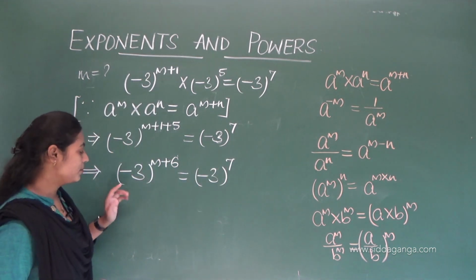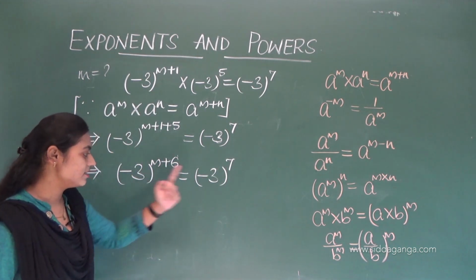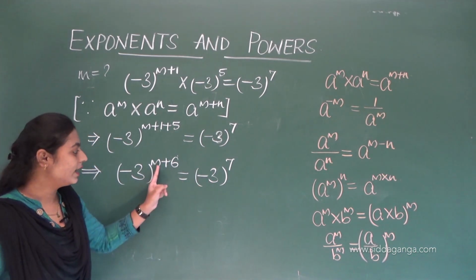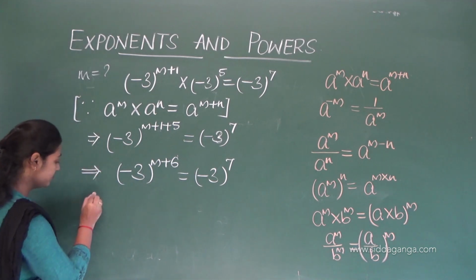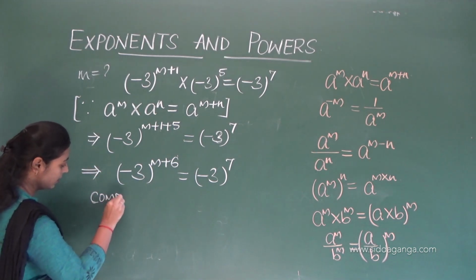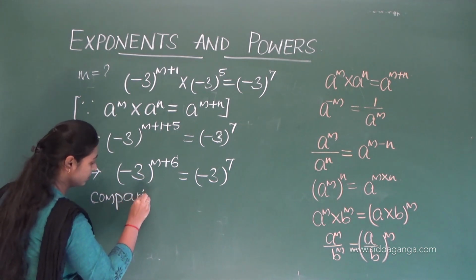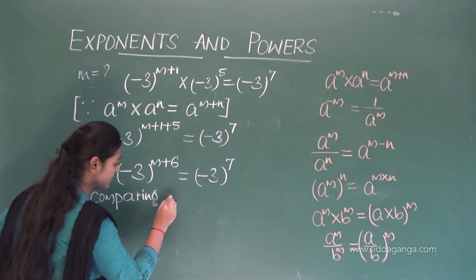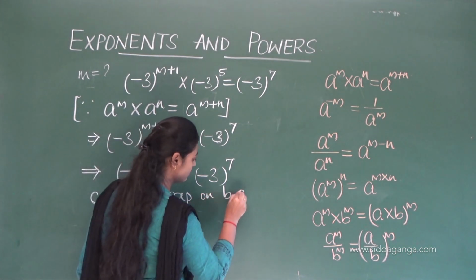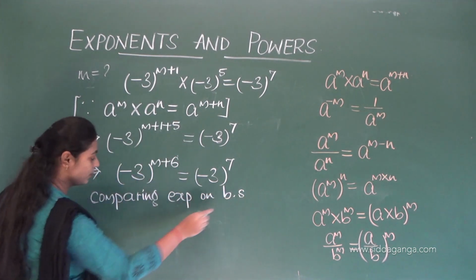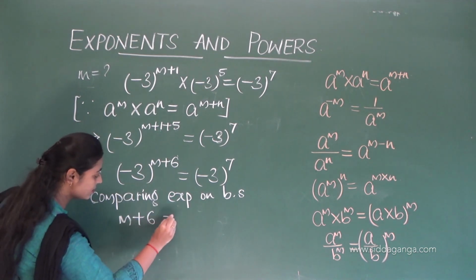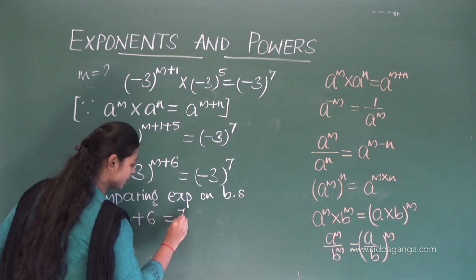Now observe, on both the left hand side and the right hand side, the bases are equal. So comparing the exponents on both sides, the exponents are m plus 6 is equal to 7.